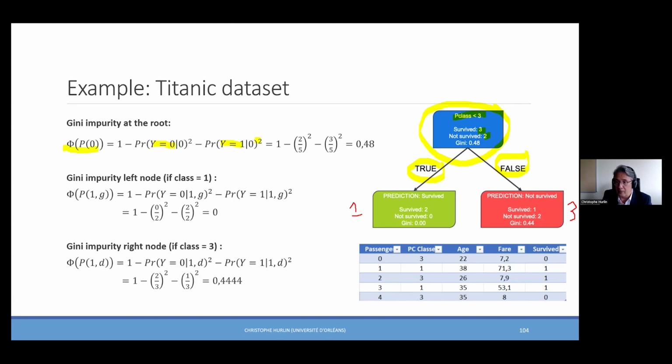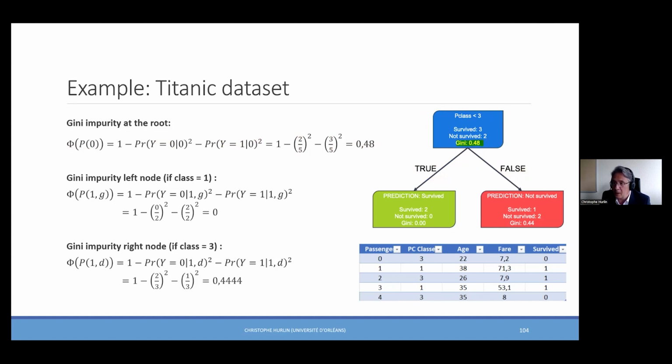I have 2 people amongst 5 who did not survive, so the probability is 2 divided by 5. What is the probability of surviving? It is 3 divided by 5. So the Gini index at the parent node is 0.48. This corresponds to the Gini reported in scikit-learn here.